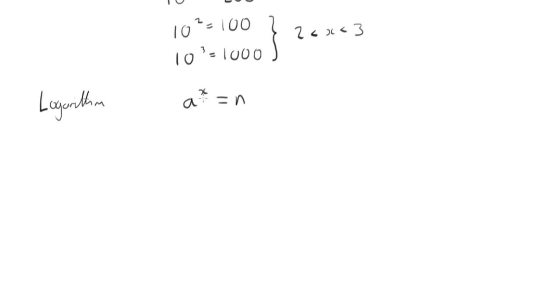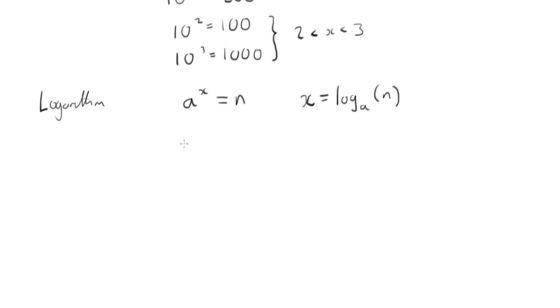So if I have a problem of this form, then x, the power, is equal to the logarithm, written with the base a, of n. I'll explain how to calculate this in a bit. So if you have an equation of this form, a to the power x equals n, then the solution is x equals the logarithm to the base a of the number n.